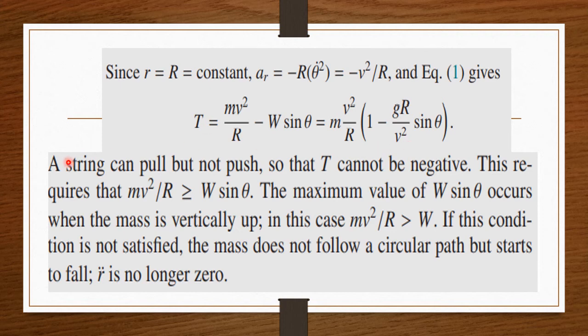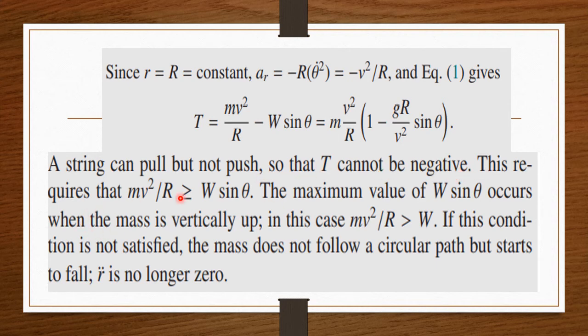What are the conditions in which the mass can move in a circular path? We have to define the condition for that too. We know that the string force can only pull towards the center; it cannot push outwards. So T cannot be negative.